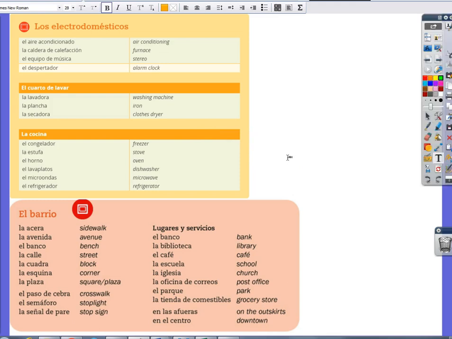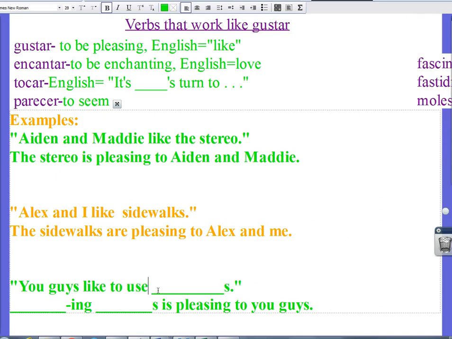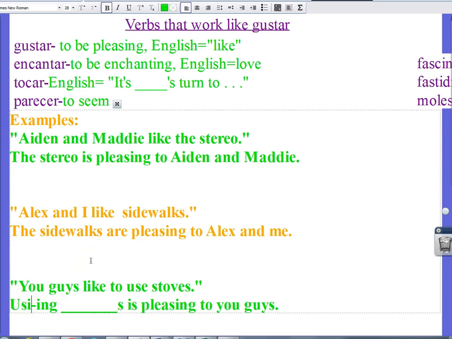Let's just say to use stoves. Why not? So you guys like to use stoves. Using stoves is pleasing to you guys.